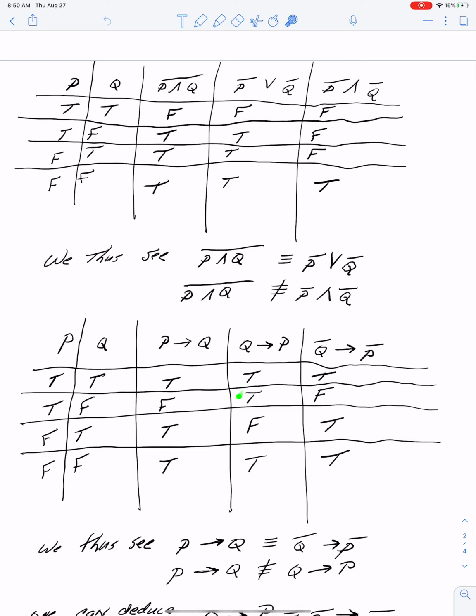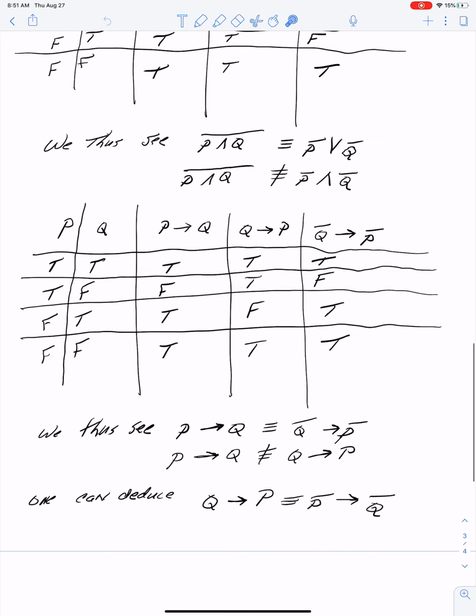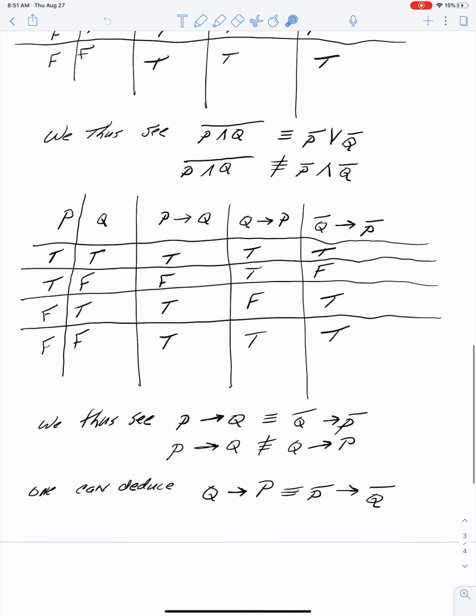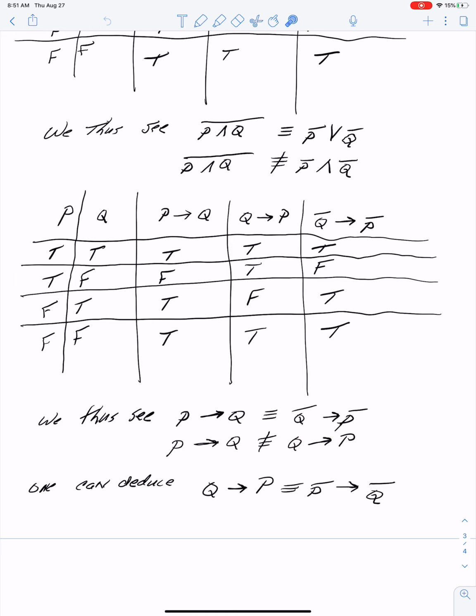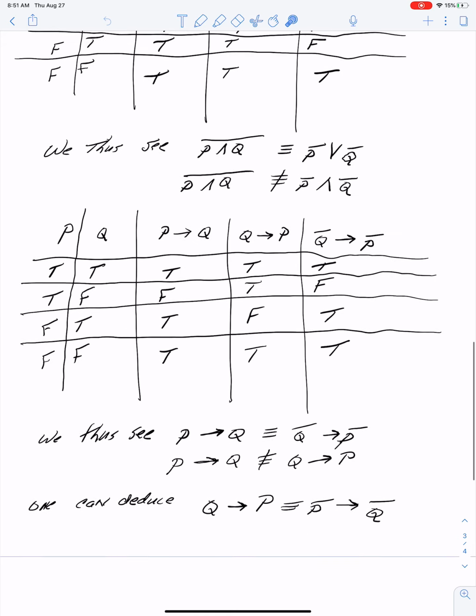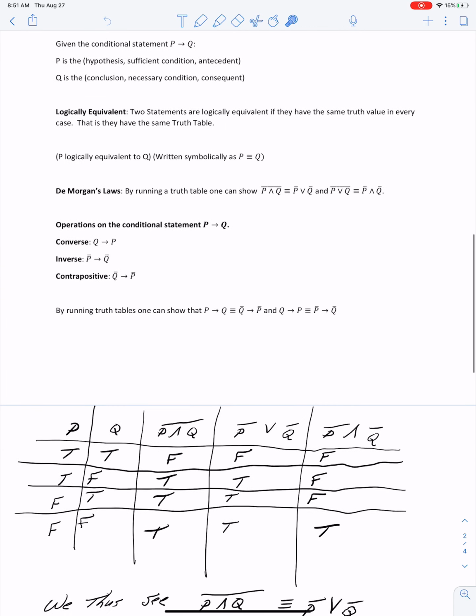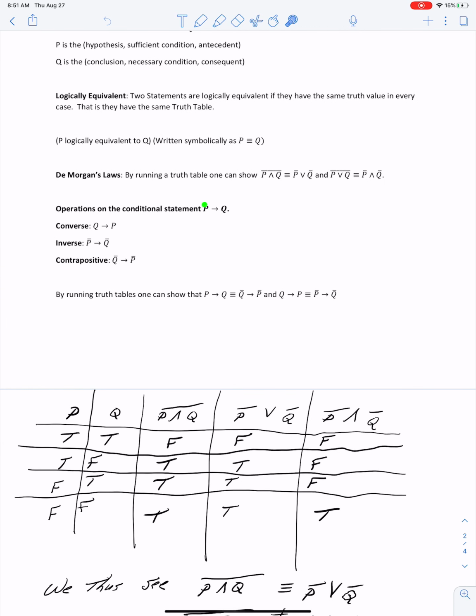Notice this has a value of false. This has a value of true in this case. That's enough to conclude that the conditional statement, P implies Q, is not logically equivalent to Q implies P. All right, so what have we shown? We've shown that the conditional statement is logically equivalent to its contrapositive.